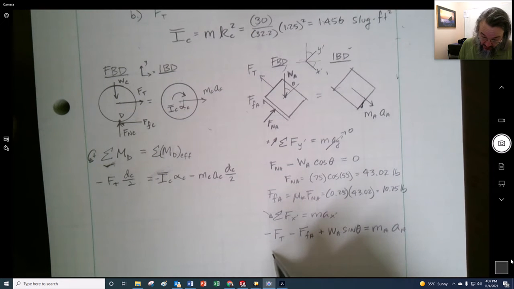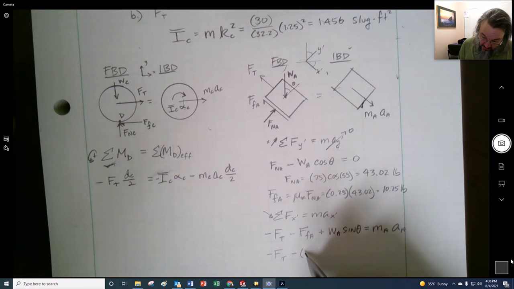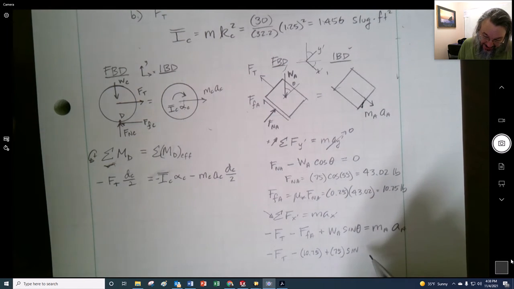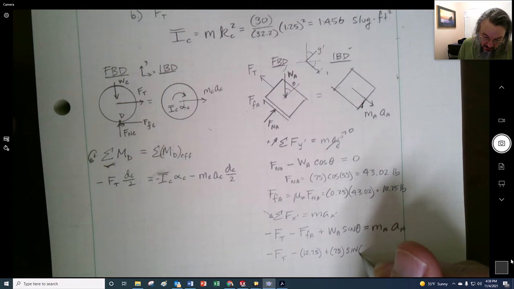So if I put stuff in there, negative Ft minus my 10.75 plus my 75 sine, I think that's right, hope so, of 55.